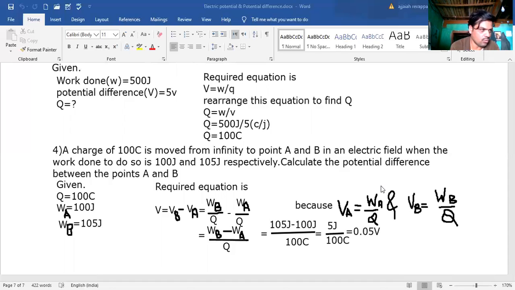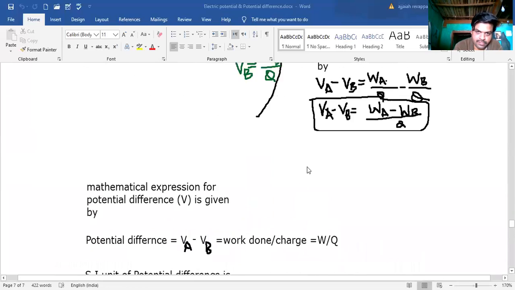Potential difference is also called voltage. Remember, volt is the SI unit of potential difference or electric potential. How to define 1 volt? 1 volt is the potential difference between 2 points in an electric field when 1 joule of work is required to move 1 coulomb of charge from one point to another against the field direction. And we solved some numericals here.